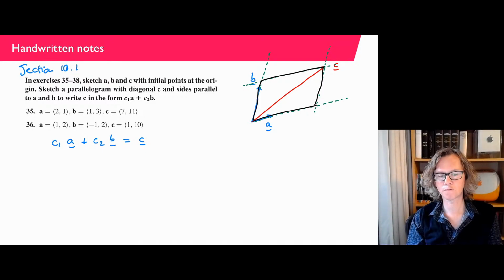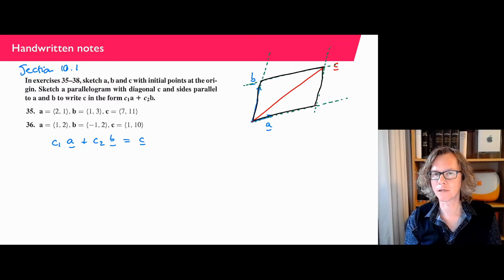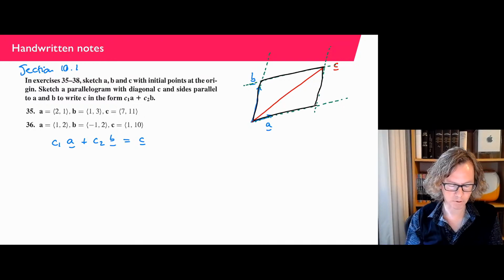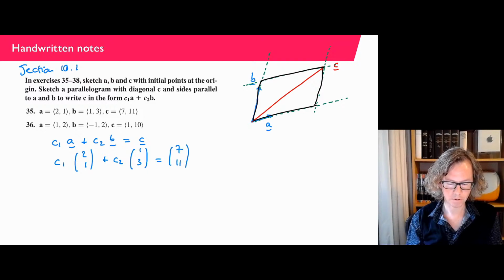What are the values of these numbers? How can we write C as a combination of A and B, as a linear combination, it is called, of A and B? Let's just plug in the values. So we have C1 times (2, 1) plus C2 times (1, 3) equals (7, 11).